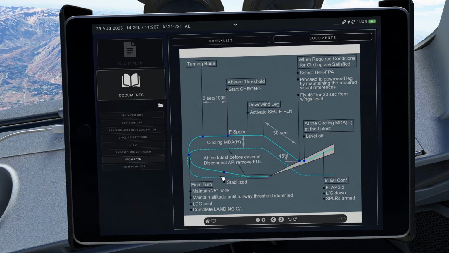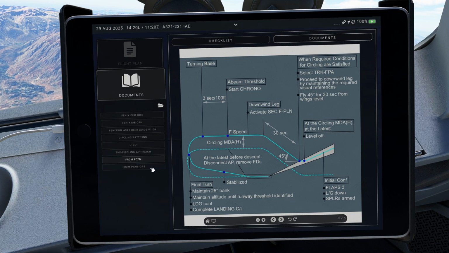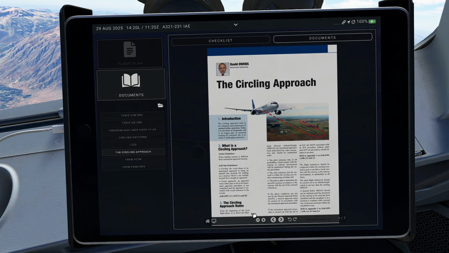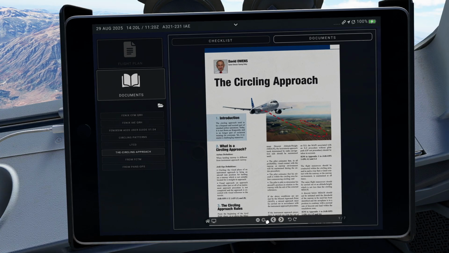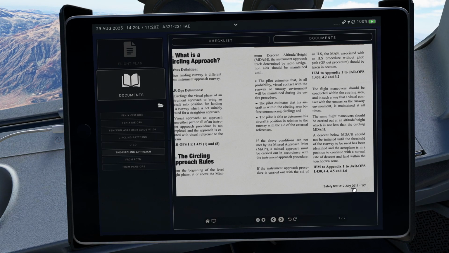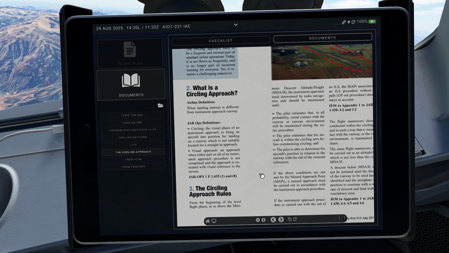But as a last reference, I am going for another item by Airbus that was issued on 12 July 2011.